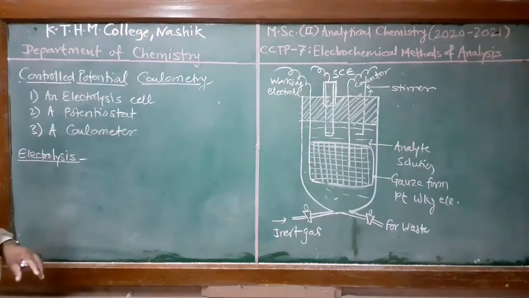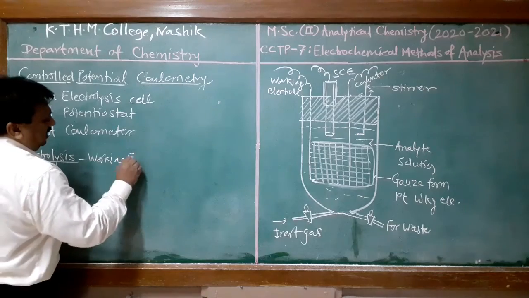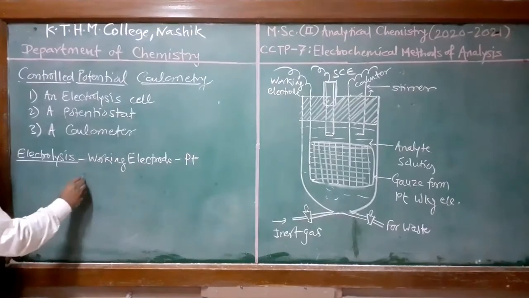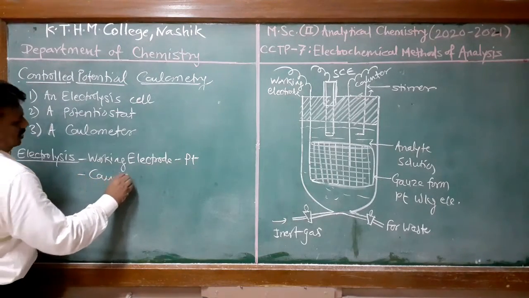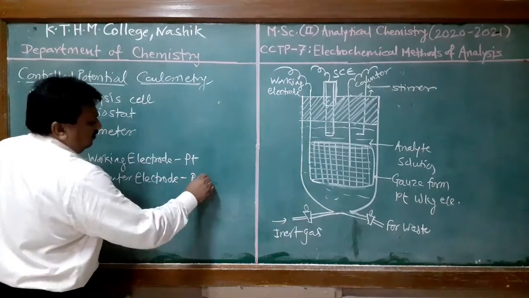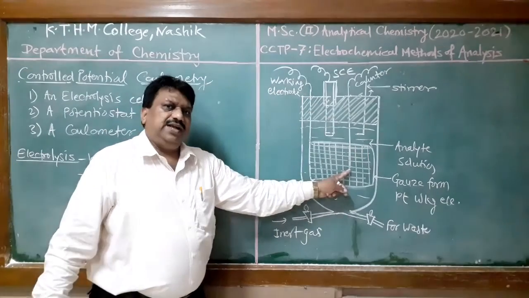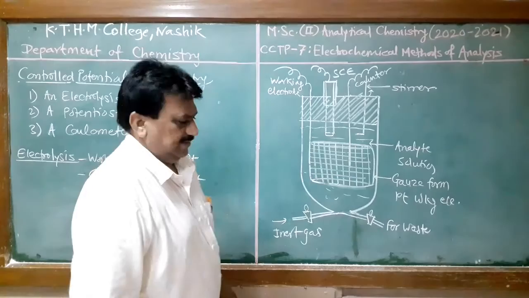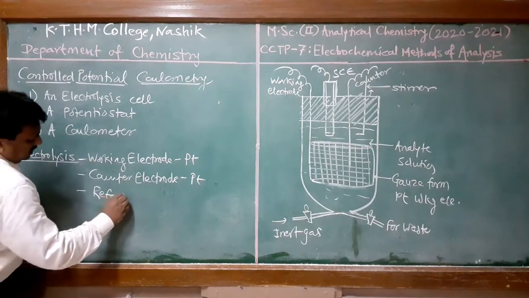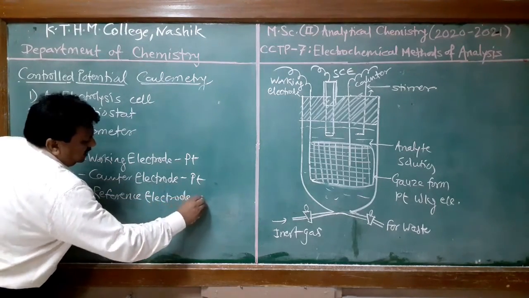Therefore, the electrolysis cell consists of a working electrode made of platinum gauze. The second one is a counter electrode, also made of platinum, but in wire form. It does not have much surface area. It is there to complete the circuit. And the third electrode is a reference electrode, generally a saturated calomel electrode.